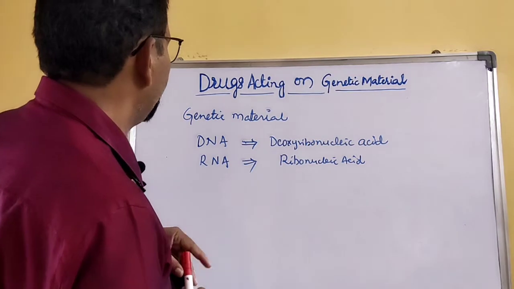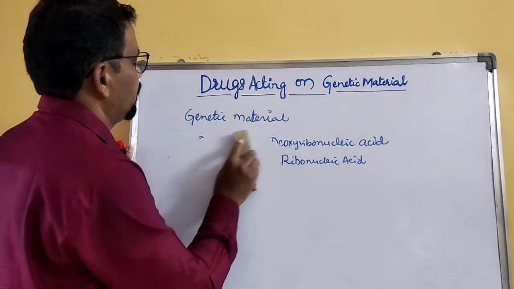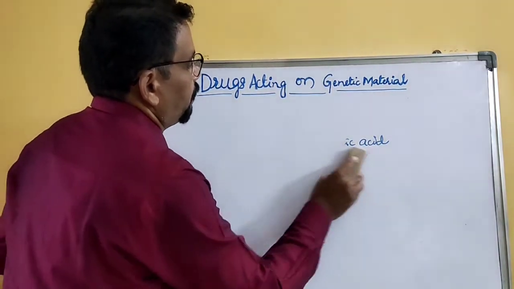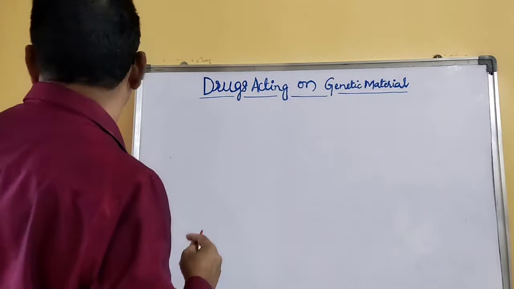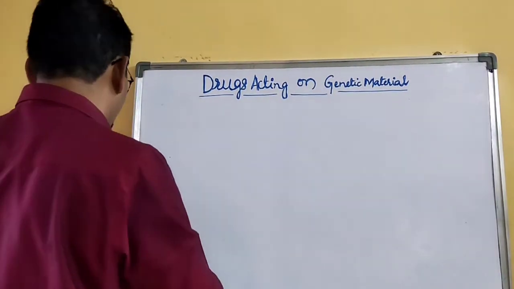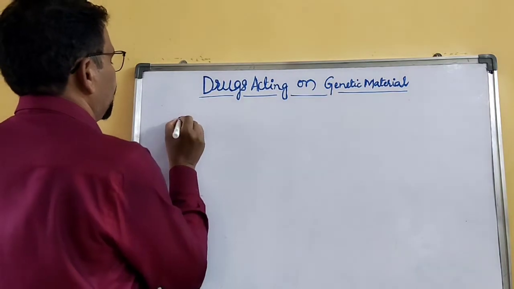Let me give you some clear details about this genetic material. First, let me explain about DNA, deoxyribonucleic acid.